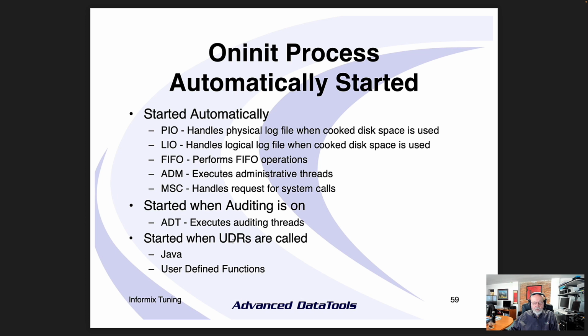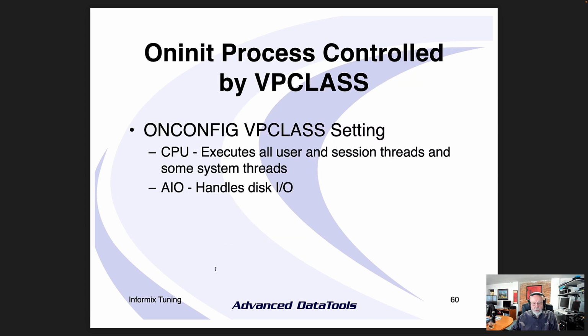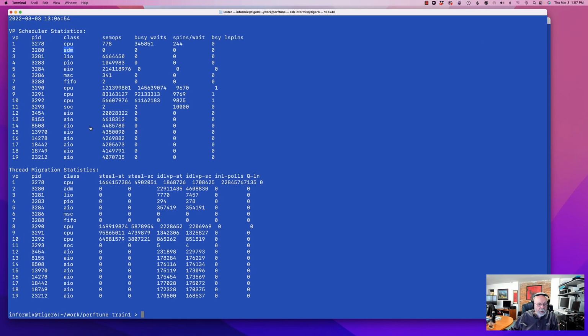You can have user-defined oninits like Java or your own, but the 2 that you control are the CPU and the AIO. And I talked about AIO oninits in the last section. As you can see here, I'm running 1, 2, 3, 4, 5, 6, 7, 8, 9 AIO oninits.